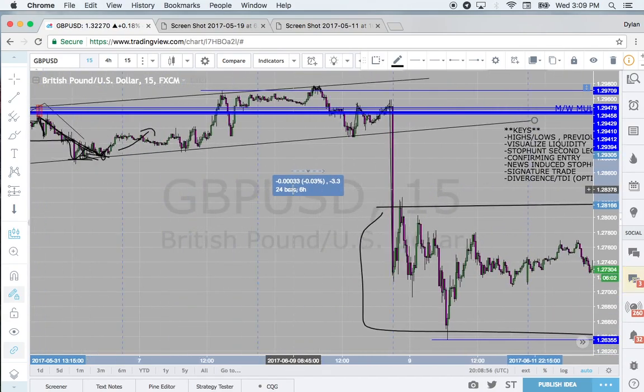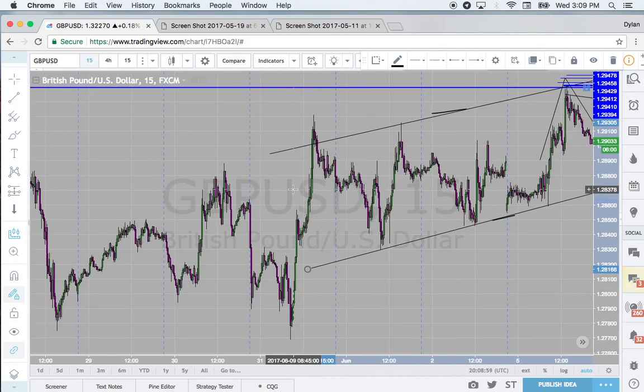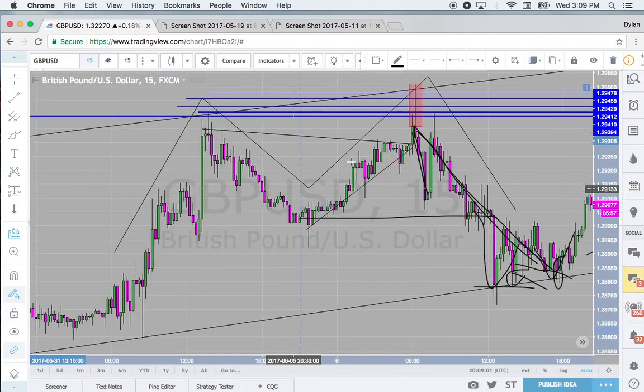So, news-induced stop hunt. There will be times where, just like this, a wedge will form, or a high will form, a first leg of a M or W will form, and then a news event will be released, creating a stop hunt to the high or the low, finishing the M or W formation.